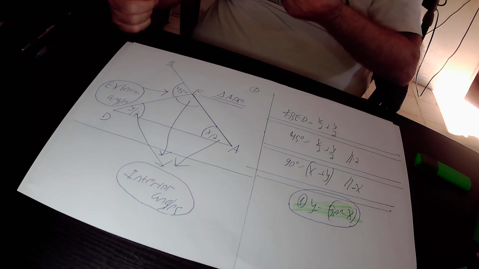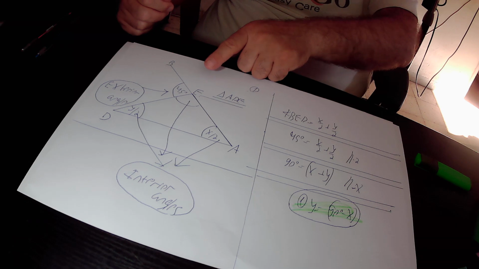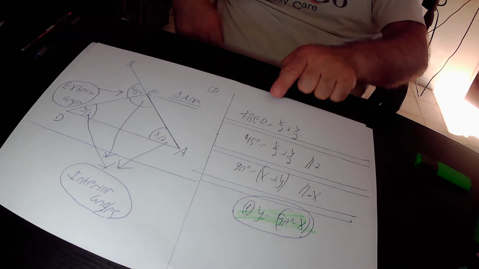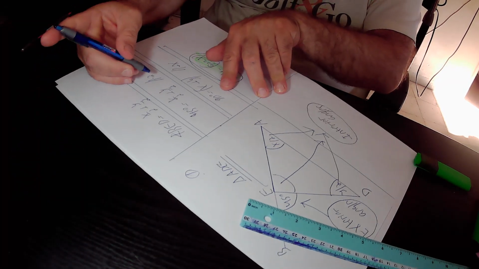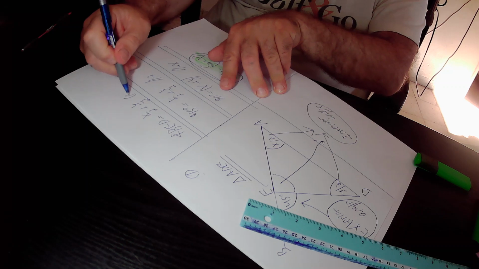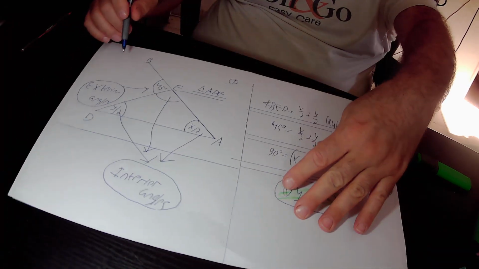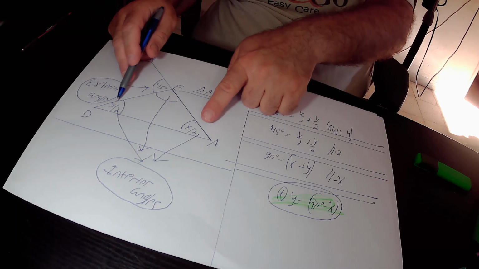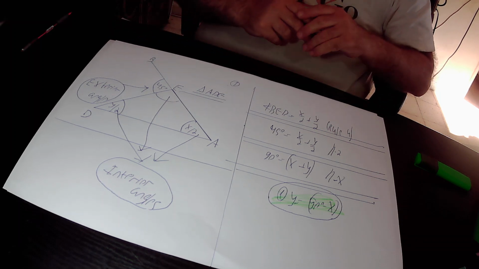According to rule 4, the size of the exterior angle BED will be equal to x over 2 plus y over 2.